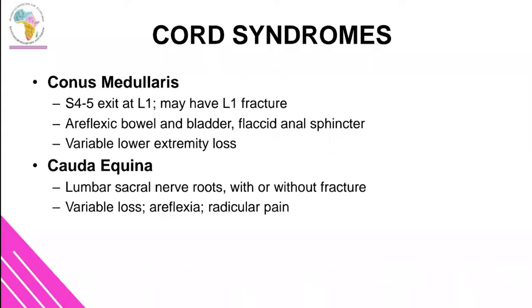Patients tend to present with flaccid bowel and bladder, might have a flaccid anal sphincter and variable lower extremity loss. They might also have what we call cauda equina, which tends to affect the lumbosacral nerve roots. This might happen with or without a fracture, and these patients tend to present with variable loss of reflexes and radicular pain.